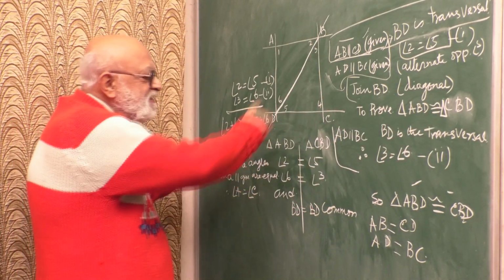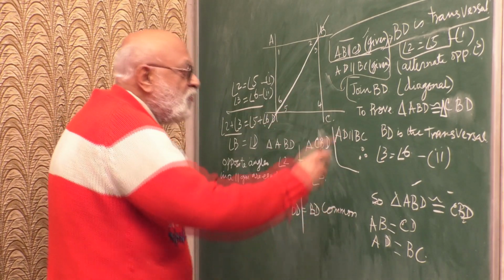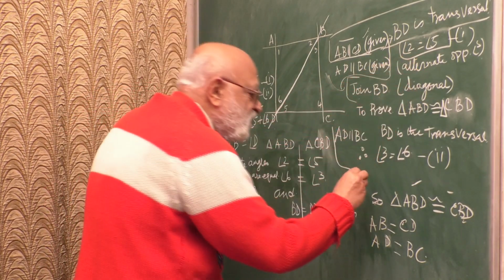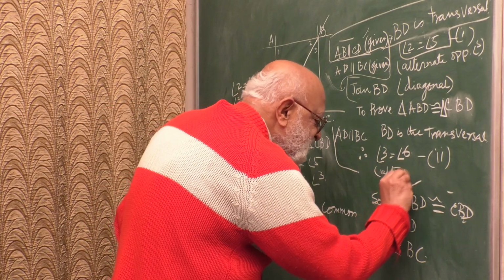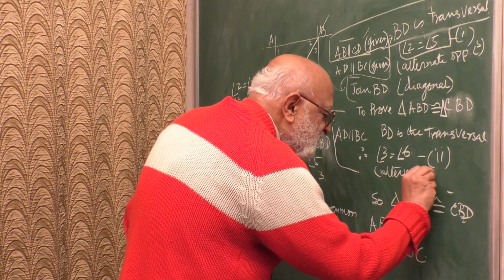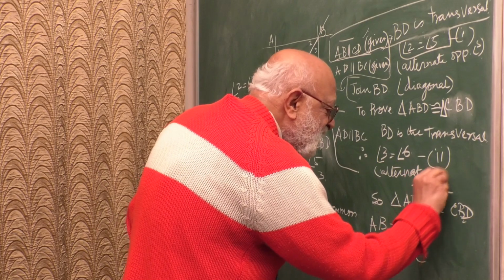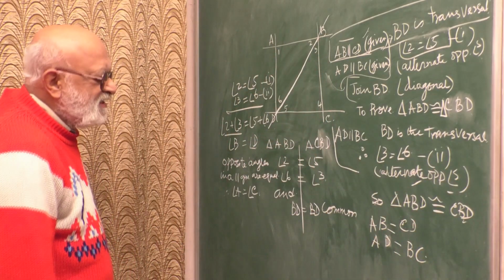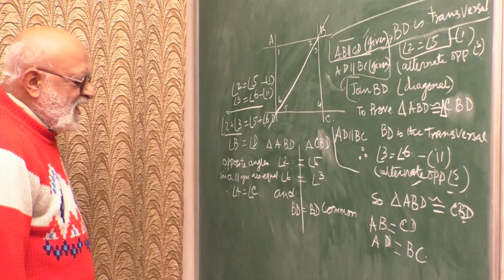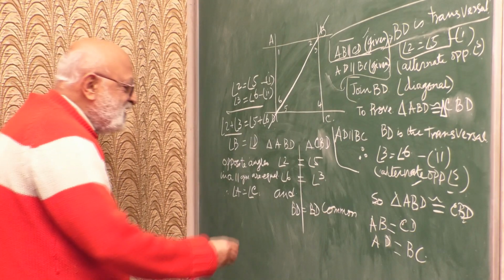And again, BD is the transversal, so here similarly, this is alternate opposite angles. Okay, so this is to be said. And why are these so?